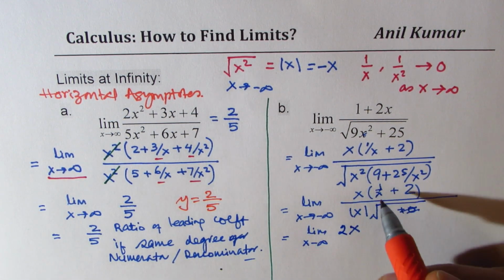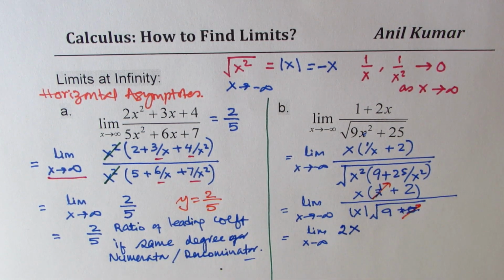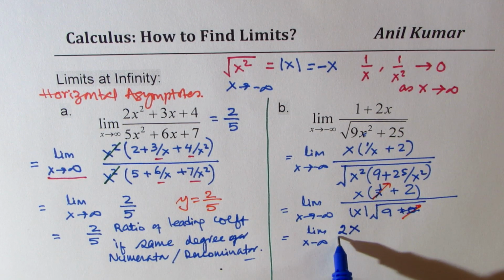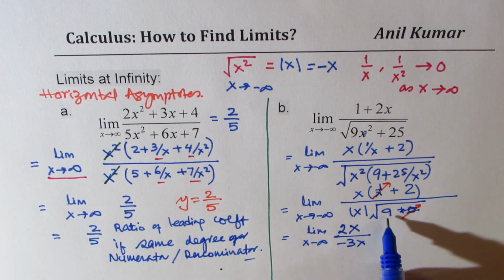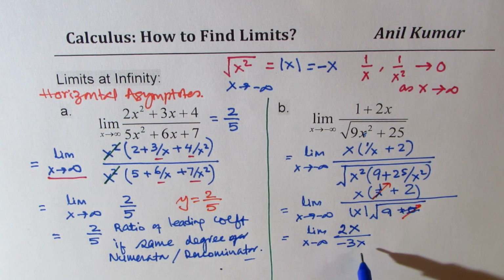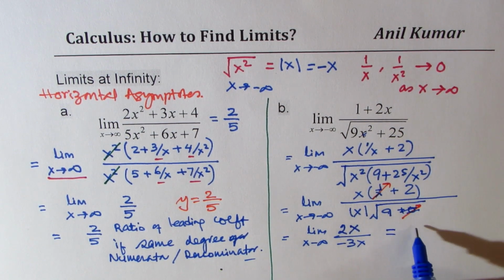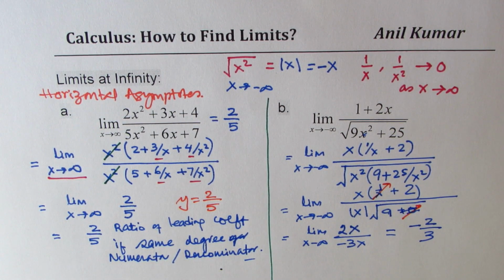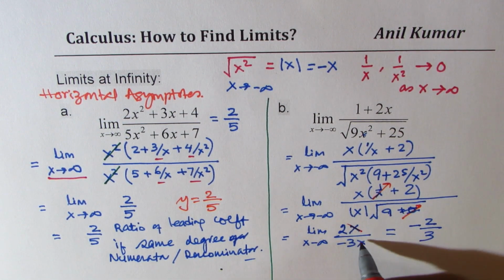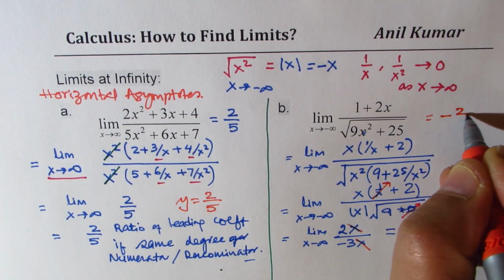Since this term and this term are approaching 0, we are left with 2x in the numerator, divided by minus 3x. Square root of 9 is 3, minus is because of absolute value approaching minus infinity. You get the idea. The x can now be cancelled. So the answer for this is minus 2 over 3.